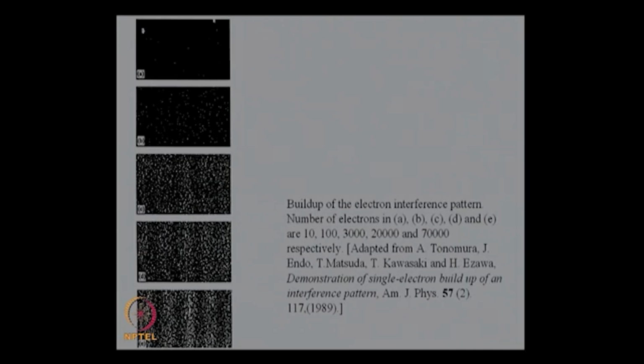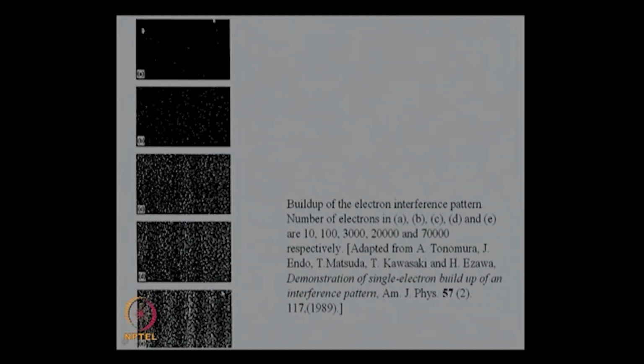Each spot here corresponds to the detection of a single electron, which has a certain amount of charge, certain amount of mass, and so on. Where it will land up is given by a probability distribution, and when you have a large number of electrons, then slowly the interference pattern appears.